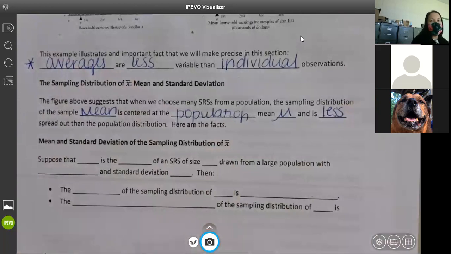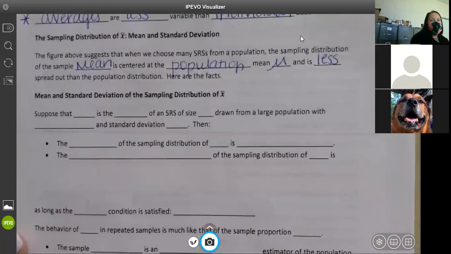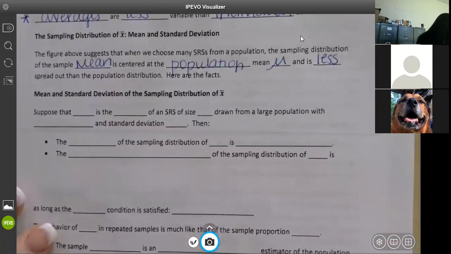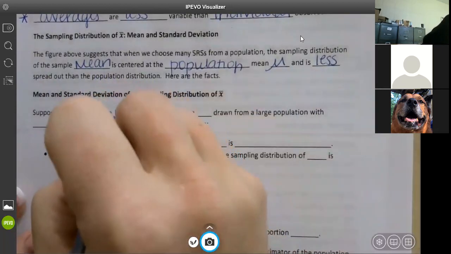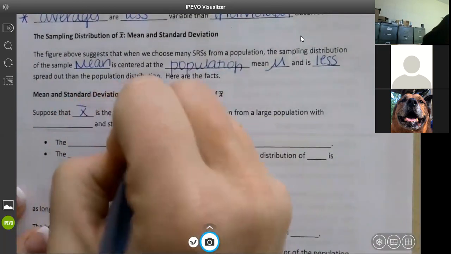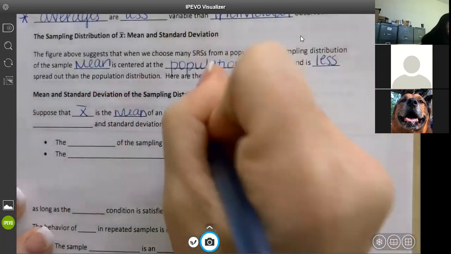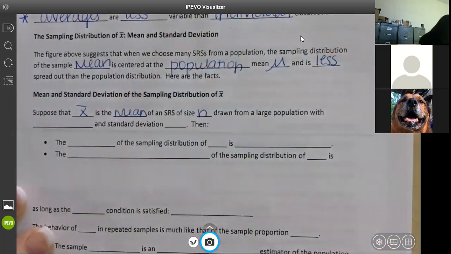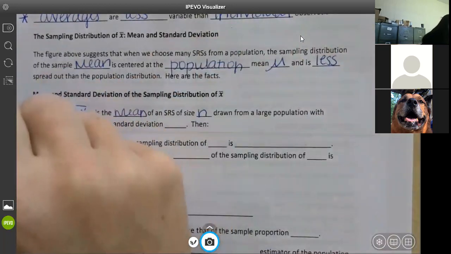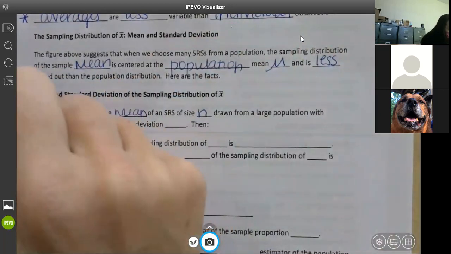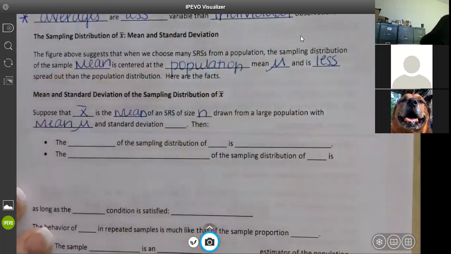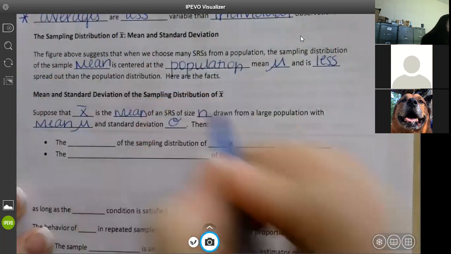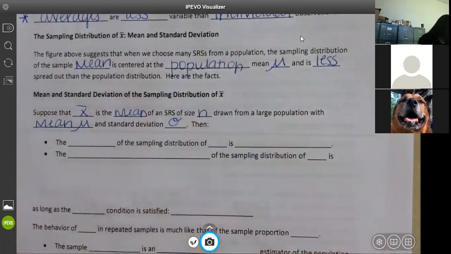So here are the facts. Suppose that X bar is the mean of an SRS of size n, drawn from a large population with mean mu and standard deviation, the population standard deviation.